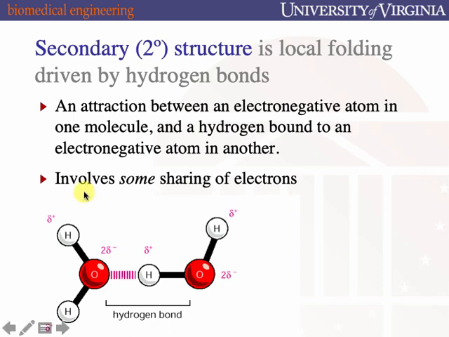The classic example of a hydrogen bond are the hydrogen bonds that exist within water, H2O. O is electronegative. It's pulling the electron cloud towards it, and as it's pulling the electron cloud towards it, that's getting pulled away from the two hydrogen atoms. So two negative dipoles for oxygen, and then two positive dipoles for hydrogen. And when you have a solution of water, those positive dipoles on hydrogens will arrange themselves with the negative dipoles of the oxygens.